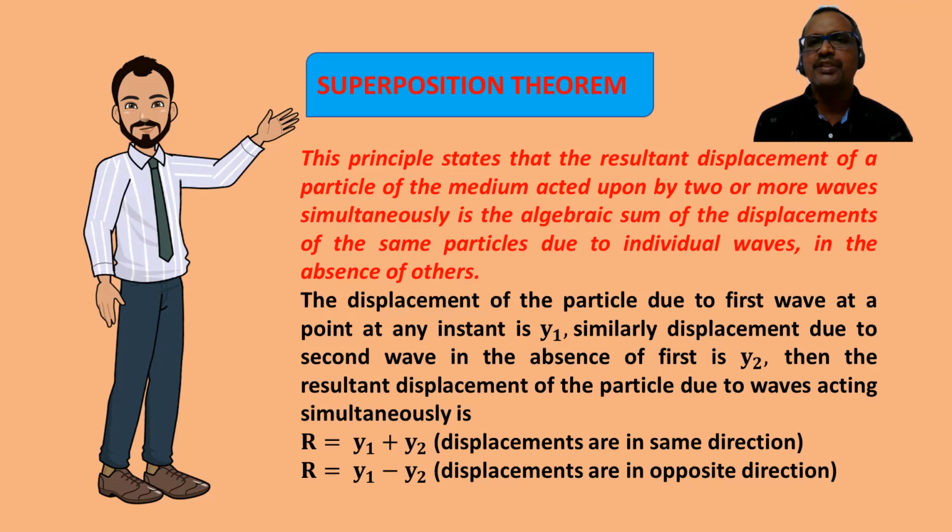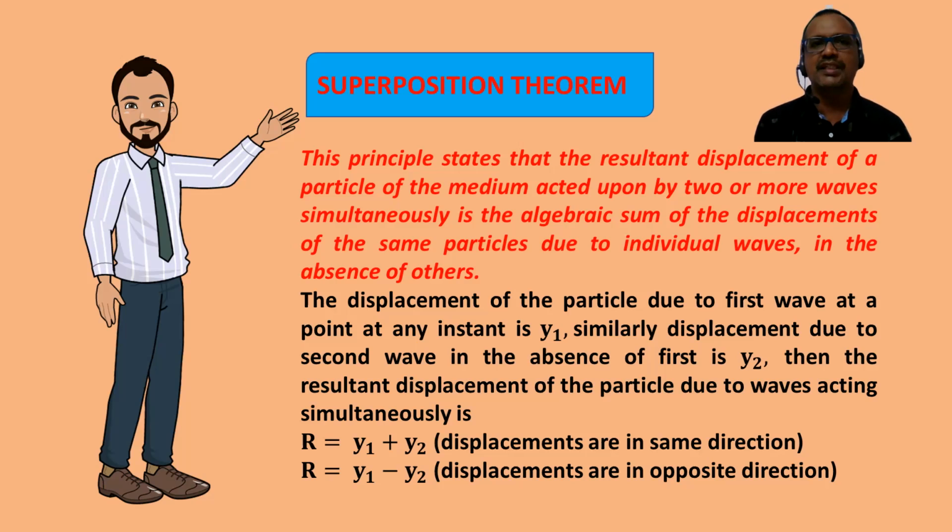Then the resultant displacement of the particle, if the two waves are acting at the same time, is given by R equals y1 plus y2 when the displacements are in the same direction, and R equals y1 minus y2 when the displacements are in opposite directions.